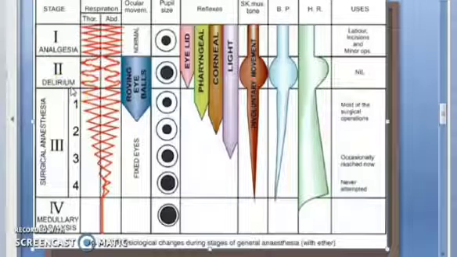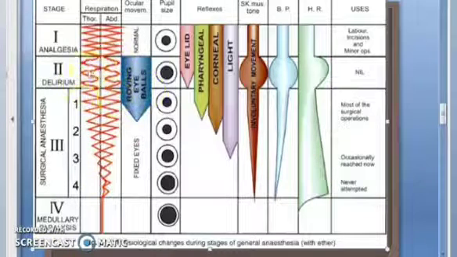The patient loses consciousness, but his sympathetic activity increases. Heart rate will be more, blood pressure will be more, pupil is dilated actually, and you can see here the respiration is irregular.